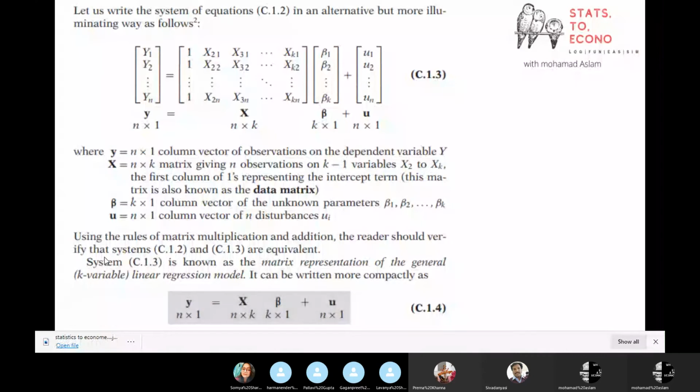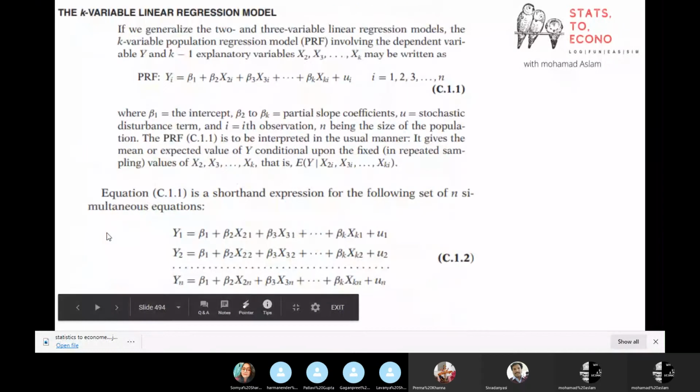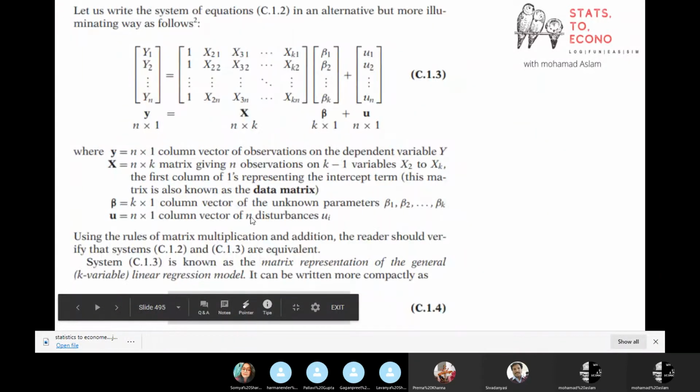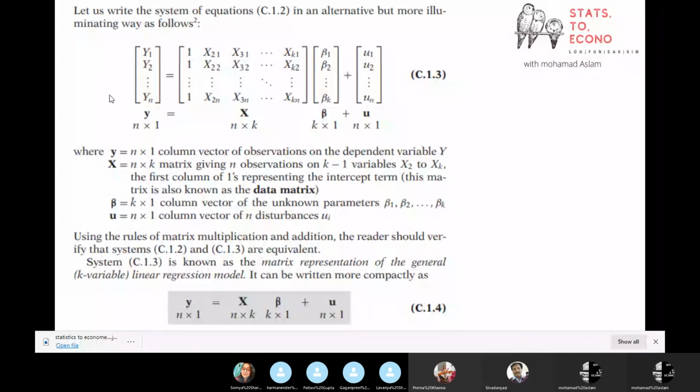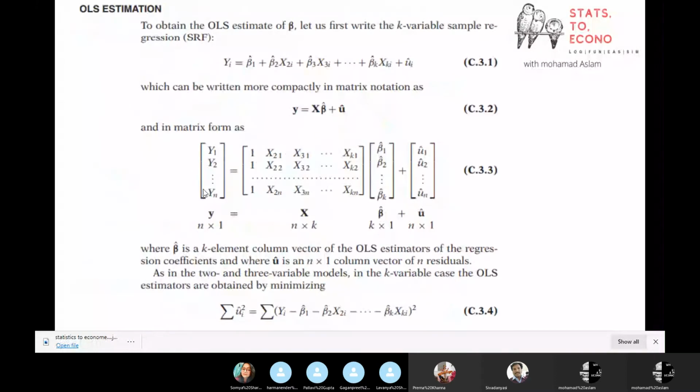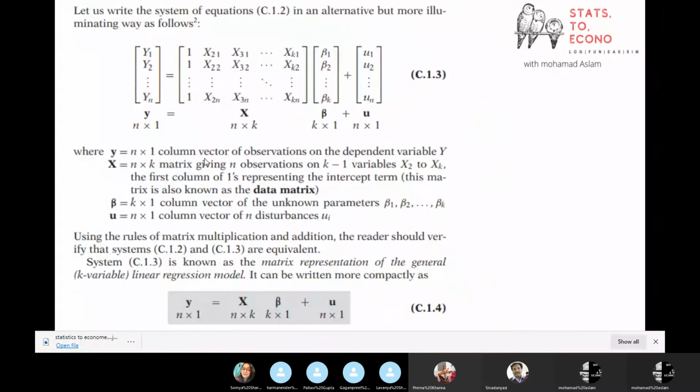The way we write these is not as a first equation, second equation. This information in matrix form looks like this. On the left hand side, we have y, this particular variable.